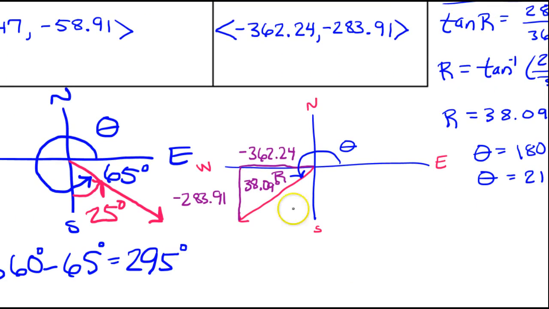Okay, so since this is in the third quadrant, I am going to measure from south. I'm going to need the measure of this angle right here. Let's figure out how big this angle is by subtracting from 90. This angle is 51.91 degrees.